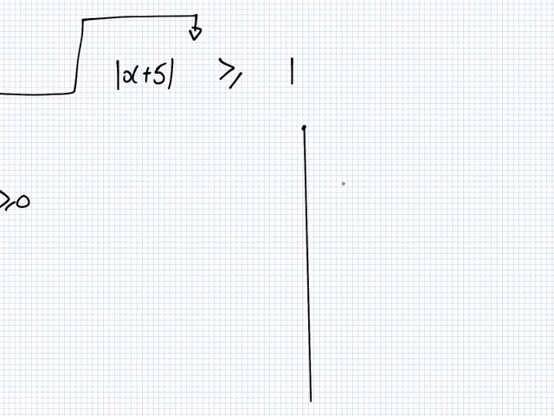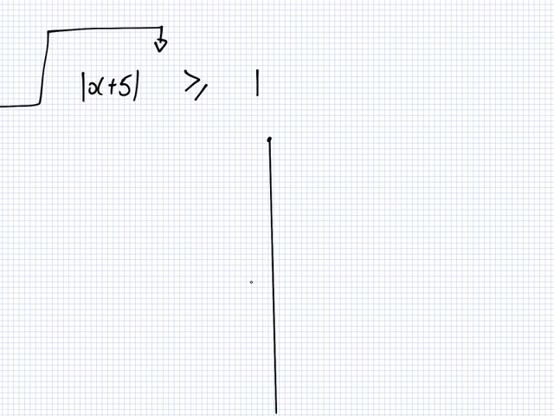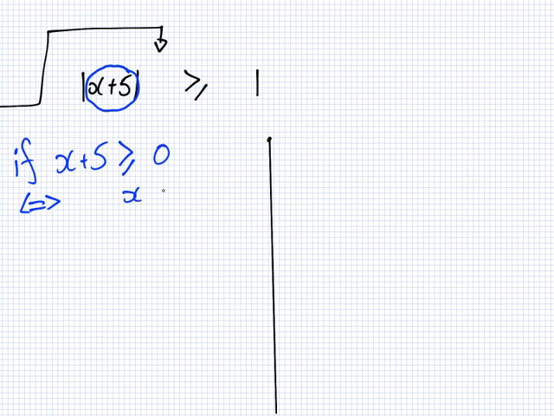Now, I'm not saying that won't work or that it'll get you the right or wrong answer. What I'm saying is the way to approach this is, you look at this and you say, well, if x plus 5 is positive, or in other words, x is bigger than or equal to minus 5, then do I need to write the modulus sign?